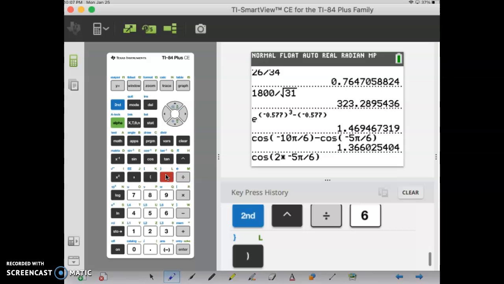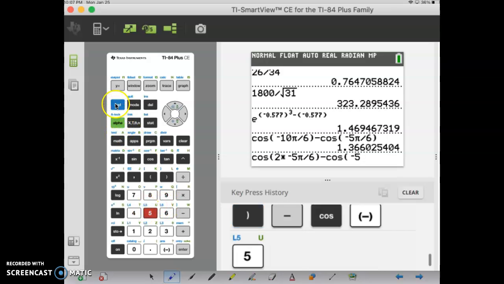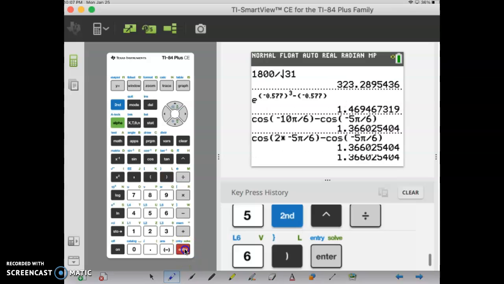I need to close my parentheses, so there's my cosine 2x, minus cosine of negative 5 pi over 6 again. Like so. And I hit enter, and I get a positive value, okay? So that tells me that my first interval there is positive.